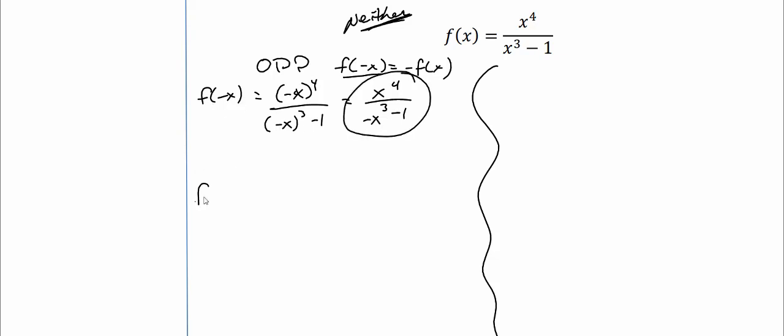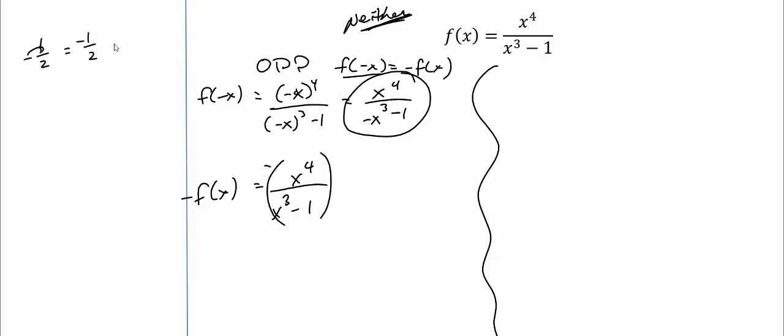Now let's go f of x with a negative out front. That equals the original function, x to the 4 over x to the 3 minus 1, with a negative out front. Now, if you remember from years ago with fractions, if I have negative 1/2, that negative can go in my numerator or in my denominator, and it's the same thing.